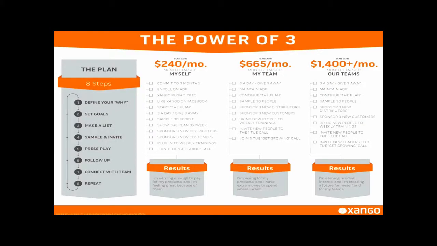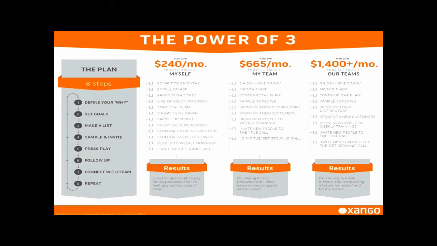Well, it's simple. We're going to focus on the power of 3. We're going to focus on 3 people, 3 teams, 3 people who want to do the business, not just 3 customers who order products, but 3 teams, teams who recruit other team members and help them do the same so that we can build teams that end up being 5, 10, 20, 30, 50 people on each team.